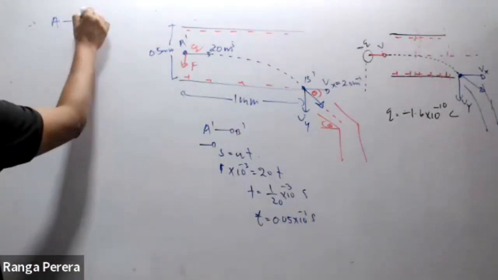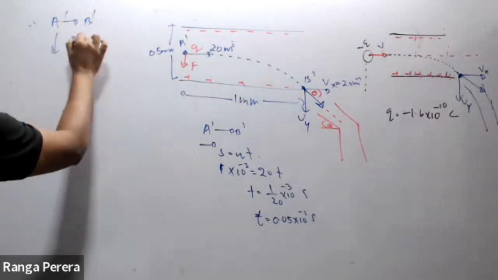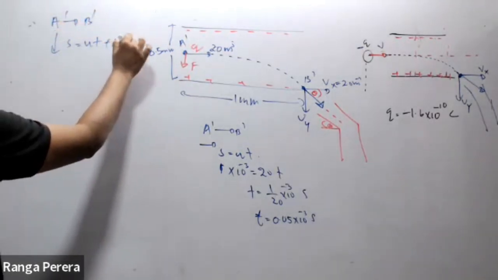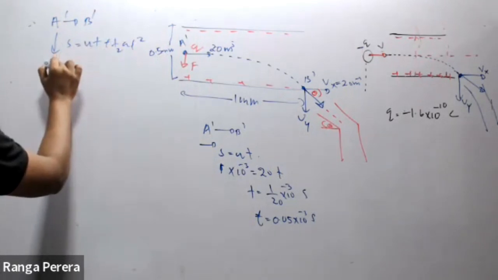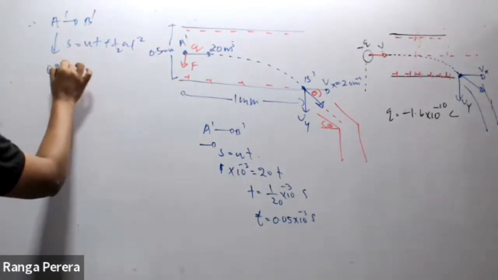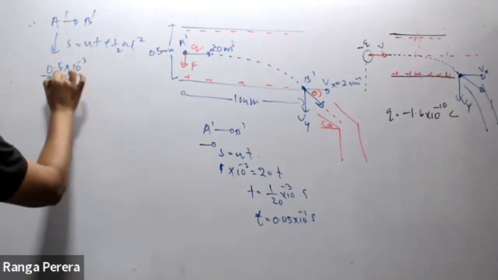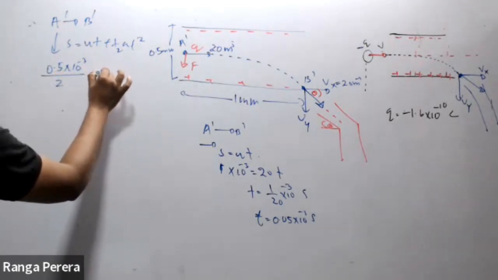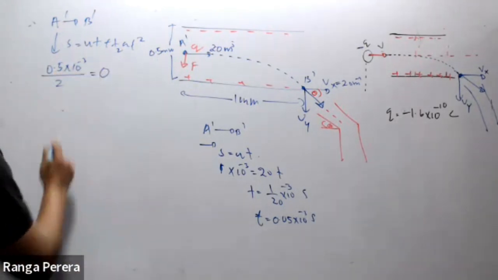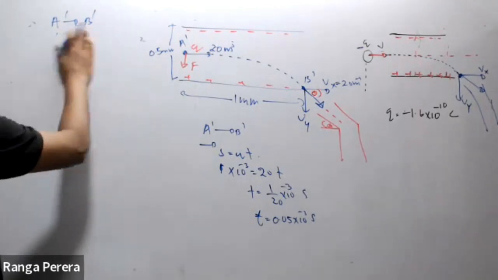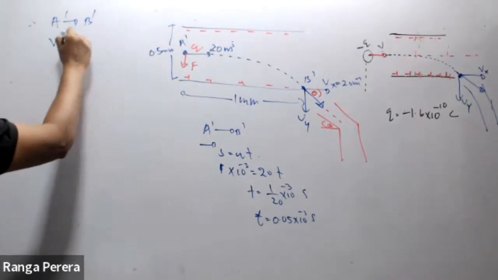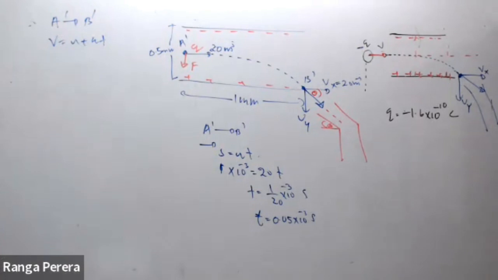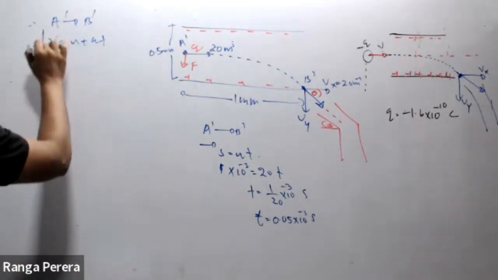From A dash to B dash, S equal to UT plus half AT squared we can apply. S is 0.5 millimeter, to be divided by 2. Initially, we don't have vertical velocity, so we have to go with a different equation. V equals U plus AT, because our idea is to find the Vy in the downward direction.